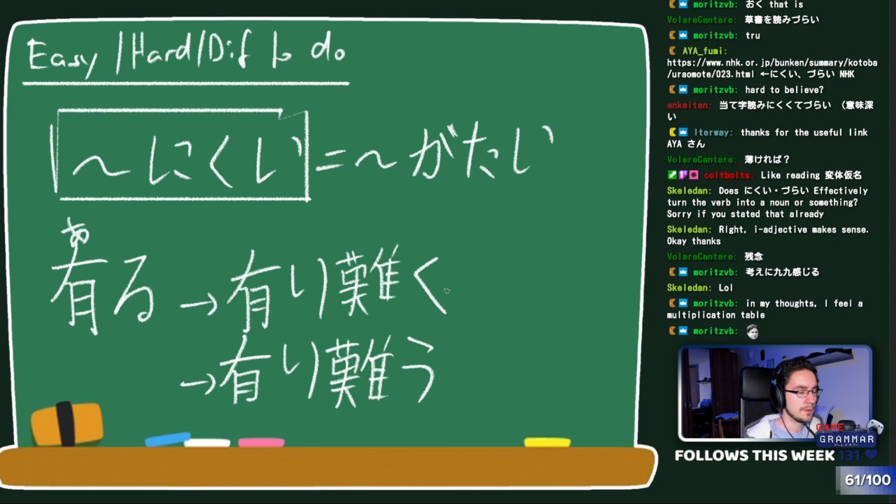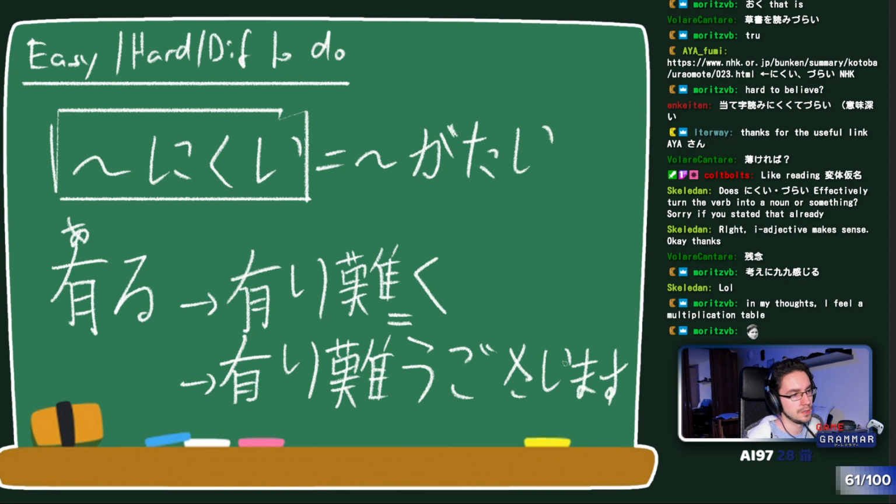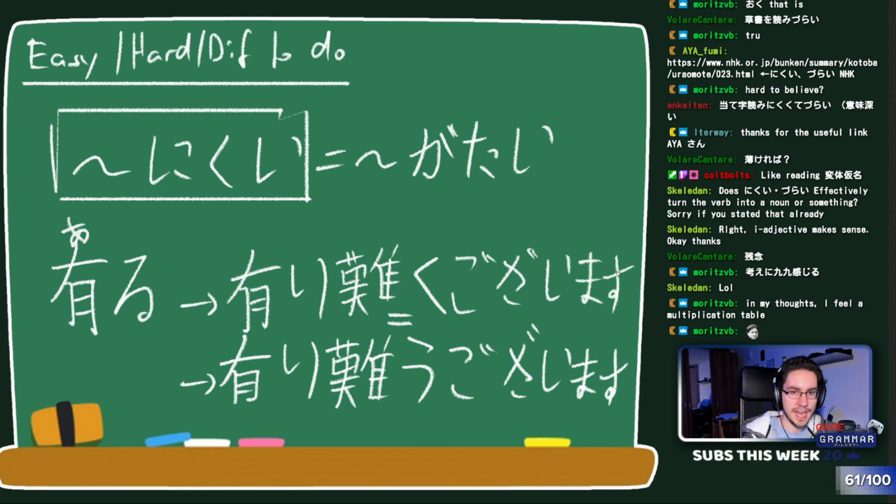Arigato is grammatically equivalent to arigataku, which is also why you can add gozaimasu to both of these. Gozaimasu, okay? You can add gozaimasu to both of these, and that is grammatically correct. You cannot add gozaimasu to arigatai, okay? That is not grammatically correct, because you cannot add a verb to an i-adjective.